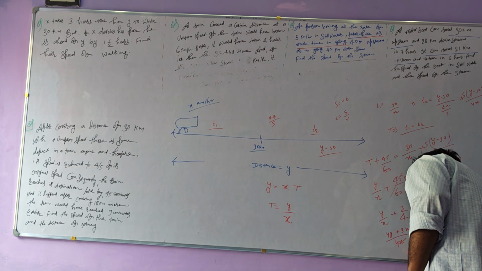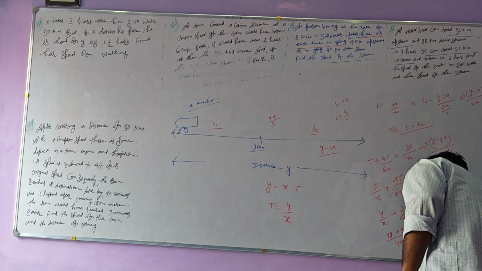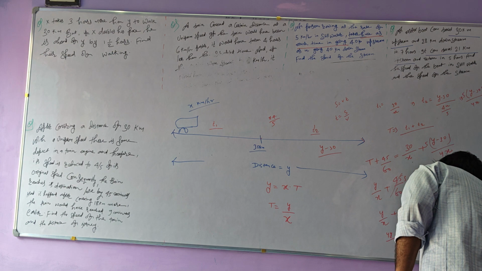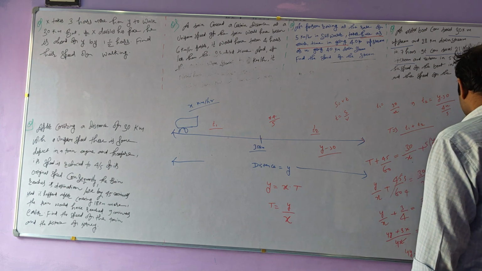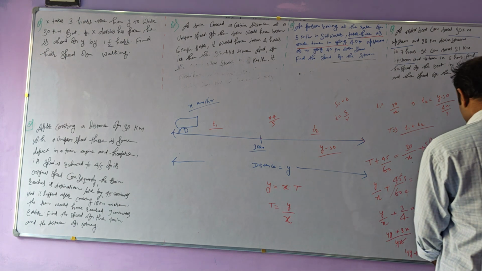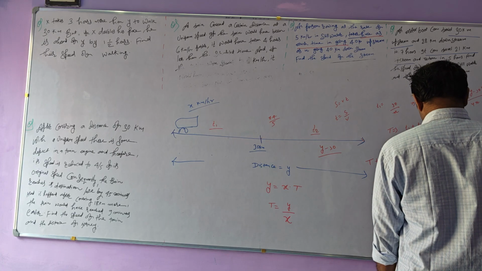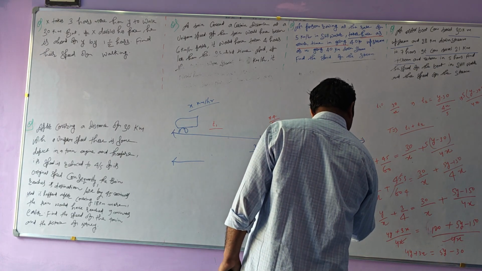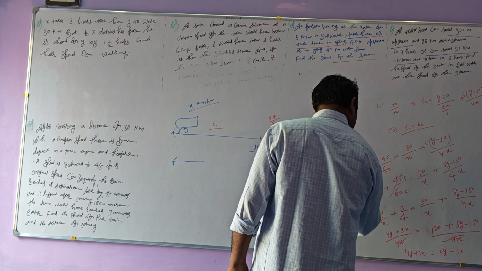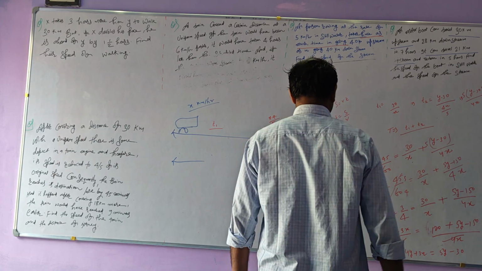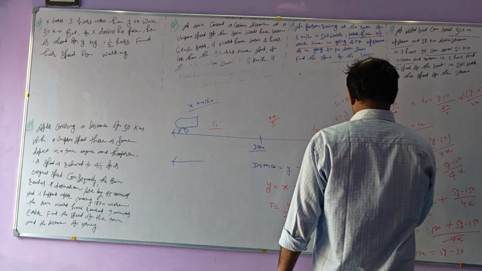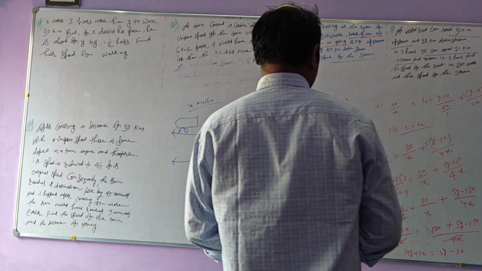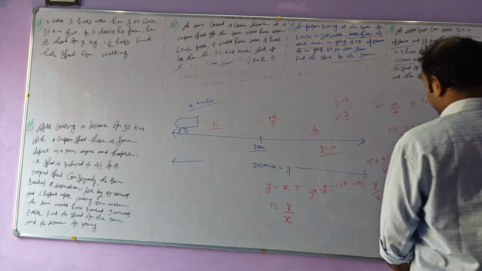We can write 4y plus 3x is equal to 5y minus 30. So the equation becomes 3x minus y is equal to minus 30. And this is our equation first.